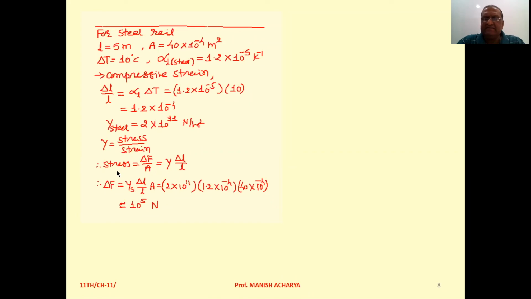So stress, that is force upon area, is Y into strain, that is Y into delta L by L. Now delta F, the increase in the force, is Y steel into delta L by L into A. Y steel is 2 into 10 raised to 11, delta L by L is 1.2 into 10 raised to minus 4, area is 40 into 10 raised to minus 4. If you solve this one, your answer will be nearly equal to 10 raised to 5 Newton.